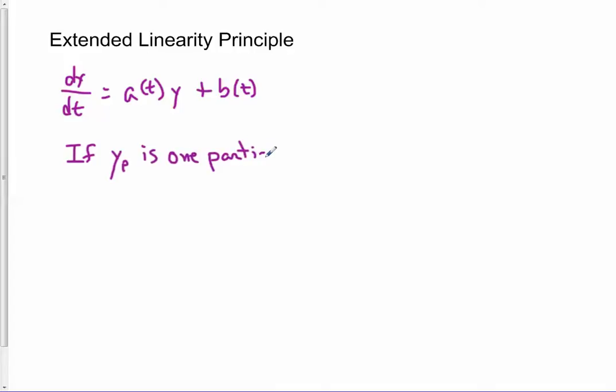That's what the p stands for, particular. So somehow, some way, you came up with one solution, just to the differential equation, without an initial condition taken into account. So let me be clear: no specific initial condition satisfied. So you found one that solves this, but maybe it doesn't match your initial condition, or you just want the general solution anyway. Well, here's the thing.